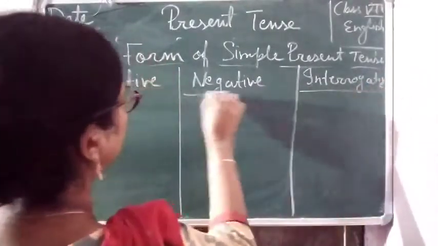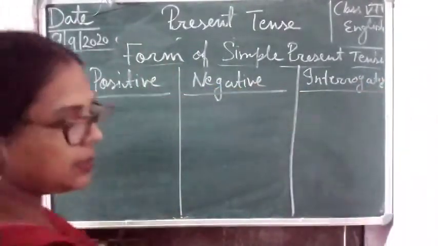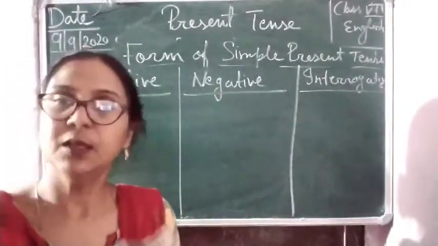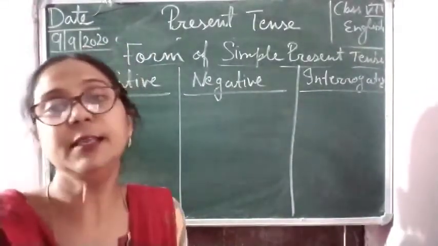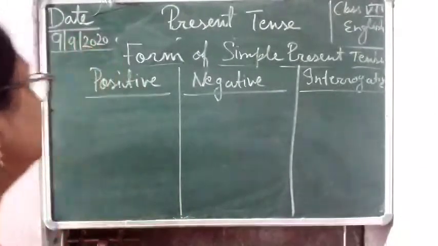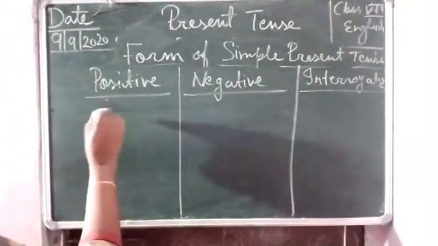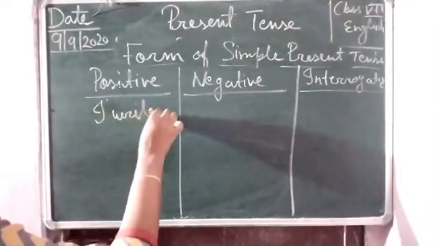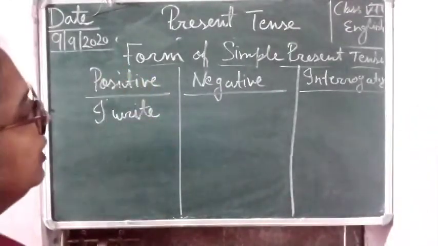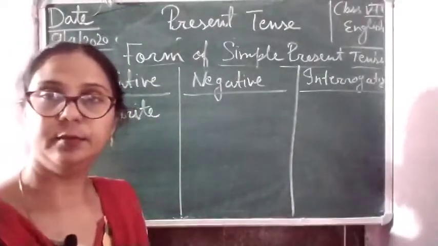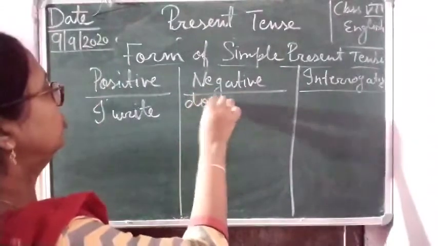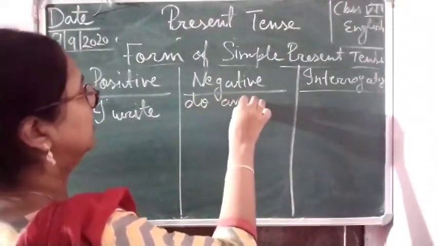Always remember, positive means we just use the simple form. Suppose it is given: I sing, or I write. Now in negative form, we have to use do and does.